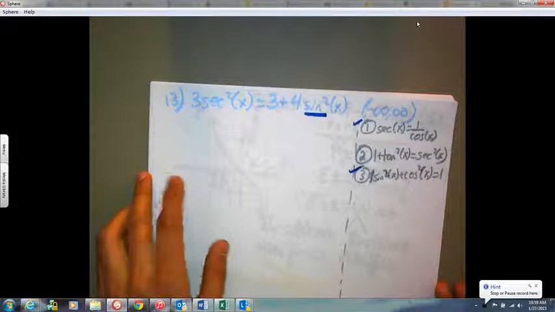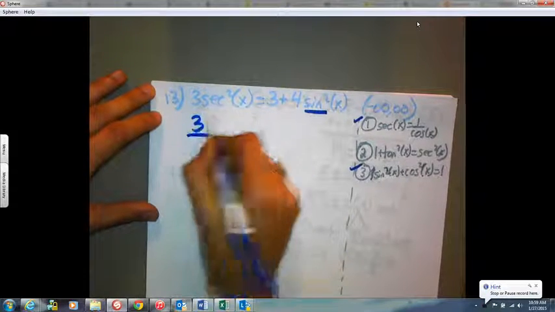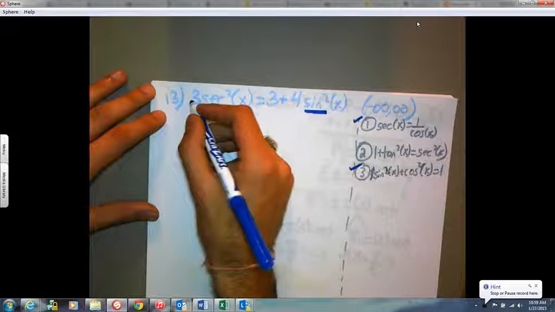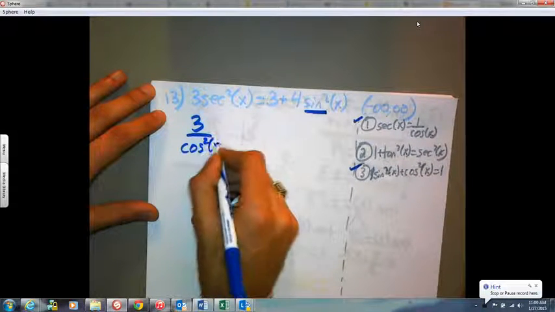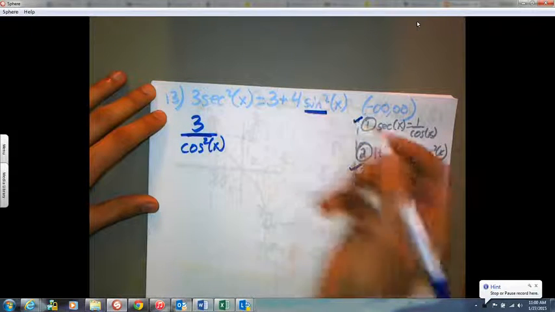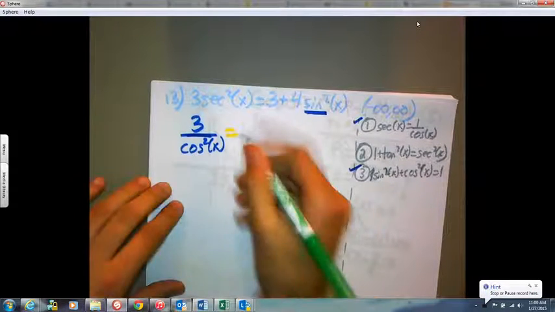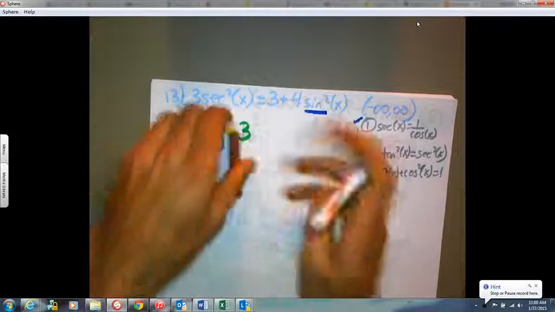So over here, remember, secant is 1 over cosine, so 3 secant squared is really 3 over cosine squared, and that equals, the 3 is going to stay, plus, and now somehow I've got to get rid of the sine squared.